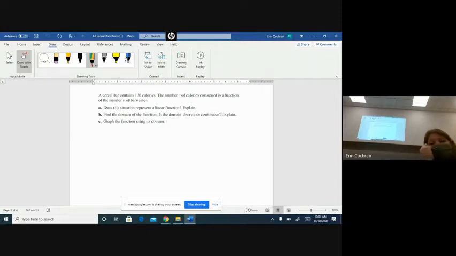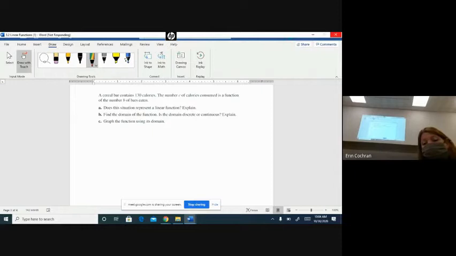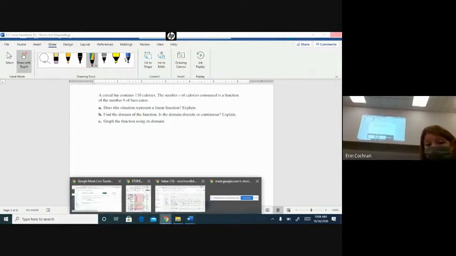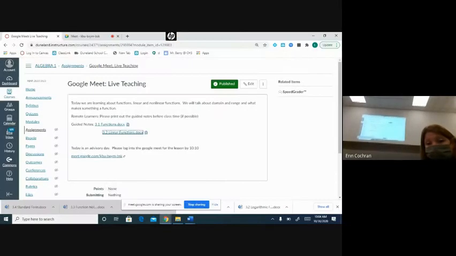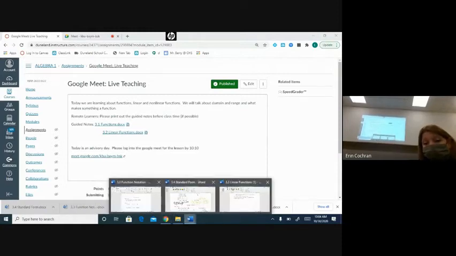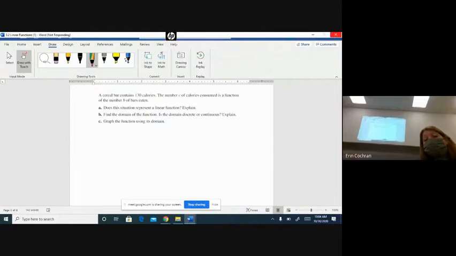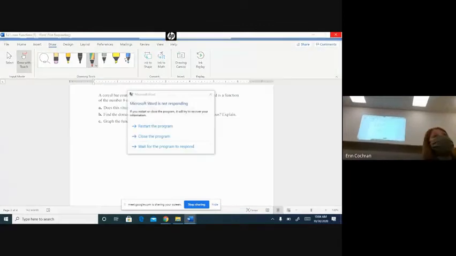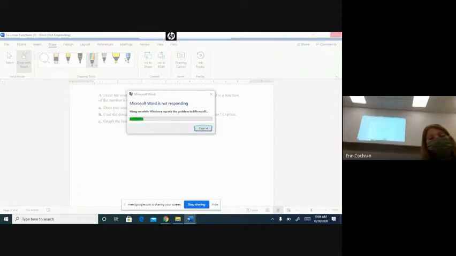Okay. And then graph. Do you think you guys could graph this? Could you guys find out values of this? Yeah, if we wanted, right? If I eat one bar, could you guys tell me how many calories I had? 130.